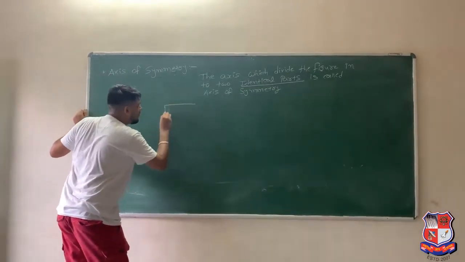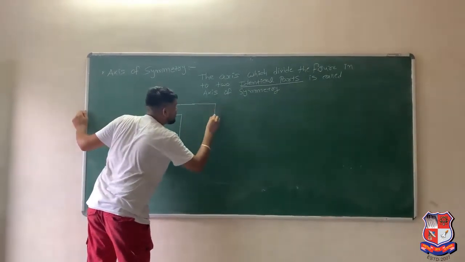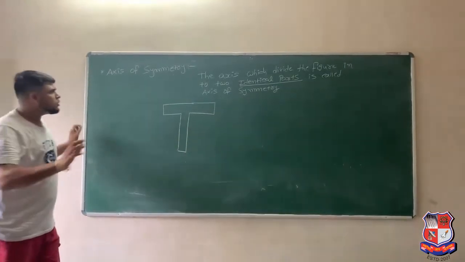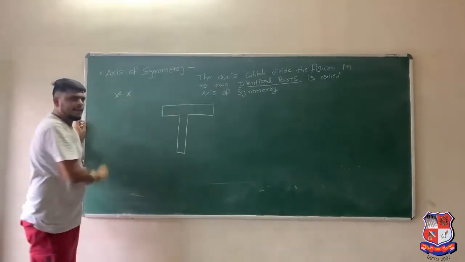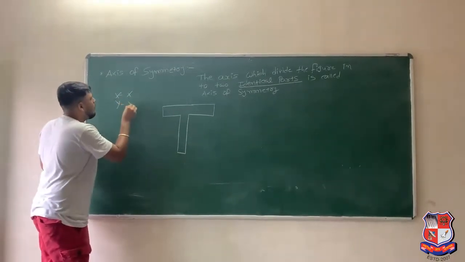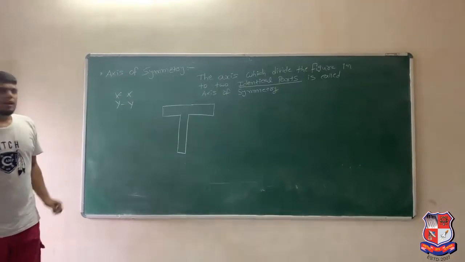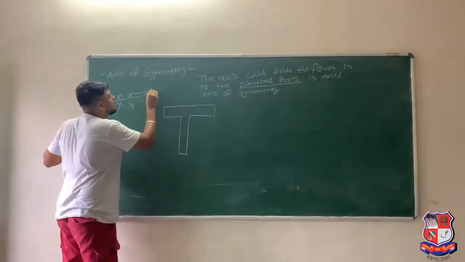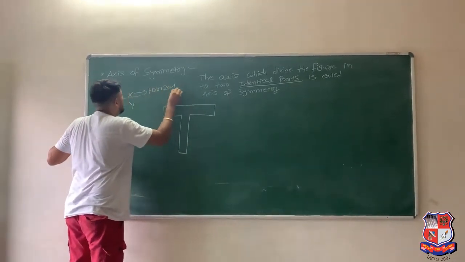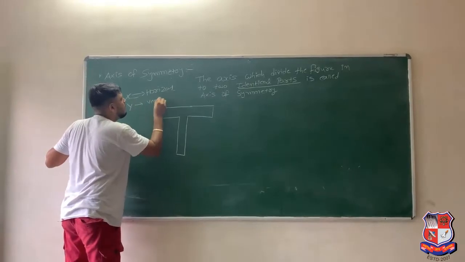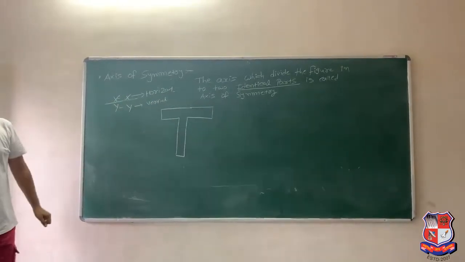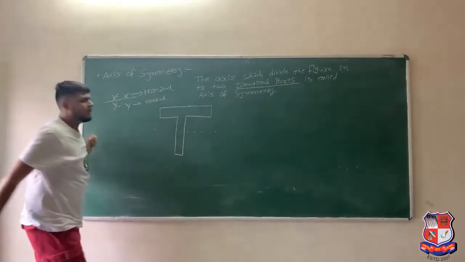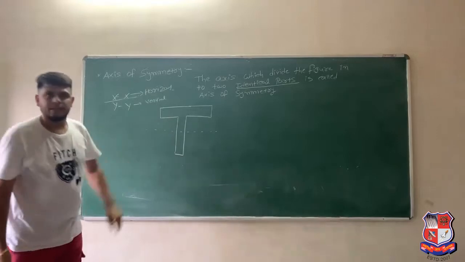Let's consider a T section. So we have the two reference axes. One is the x-axis and another is the y-axis. First we cut the figure with reference to the x-axis. We all know x-axis means horizontal and y means vertical. So when we cut the figure horizontally, there is no same part on both the sides.